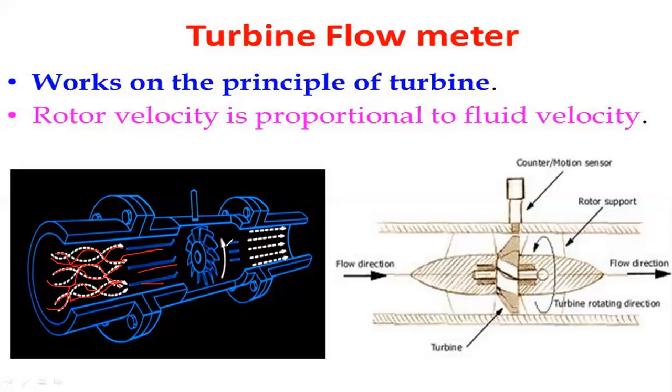The magnetic poles are arranged in this turbine, so it will generate the magnetic field. That magnetic field is converted into mechanical speed by using a mechanical device.